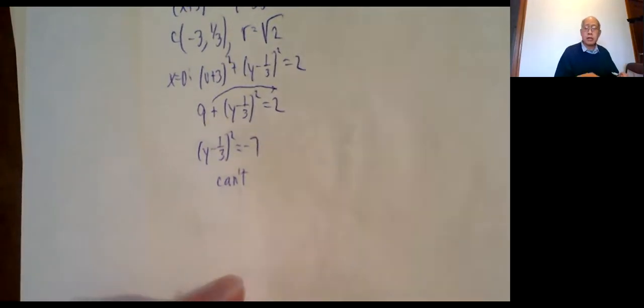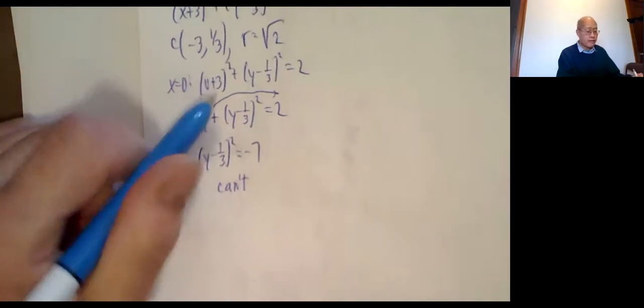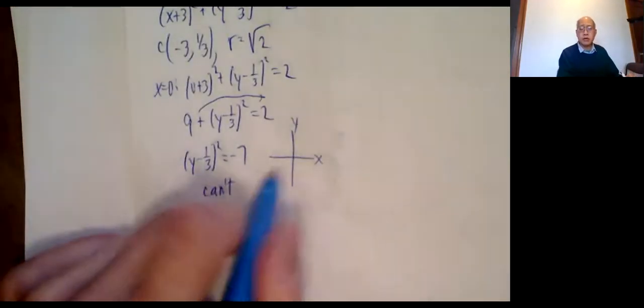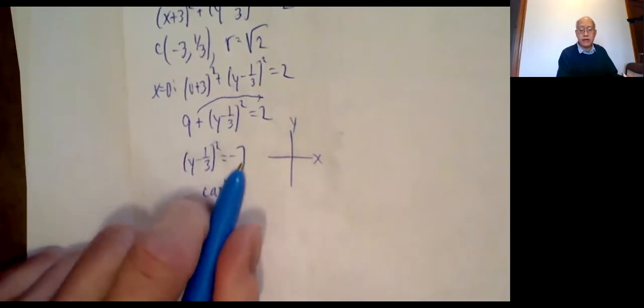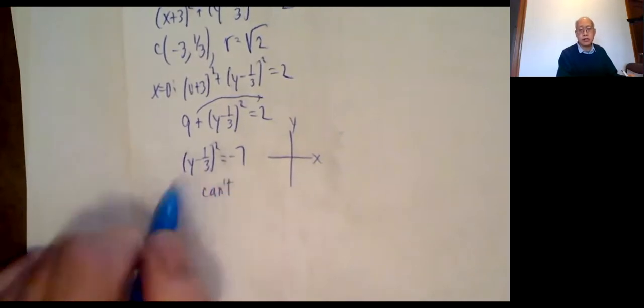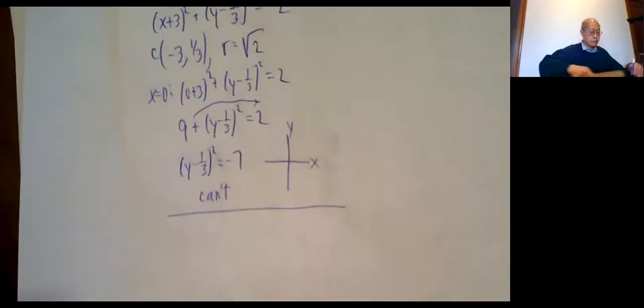We can do it for so-called complex numbers, which we'll do shortly. But these we're graphing on a real number line, right? And an XY coordinate system where X is real, Y is real. Something squared can't be a negative 7 as far as real numbers are concerned. So we're finished. So the problem is totally done.